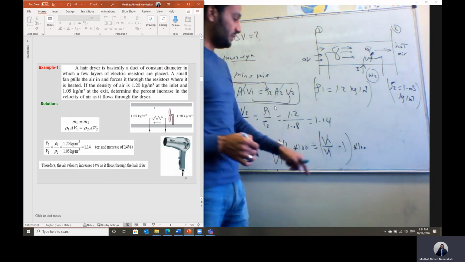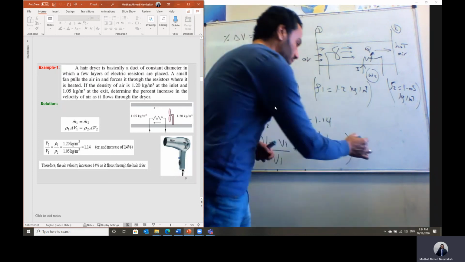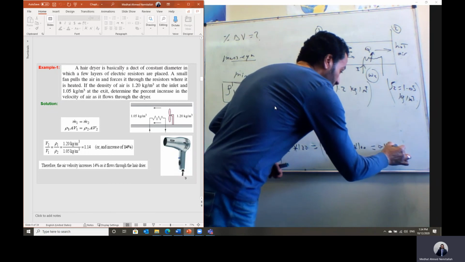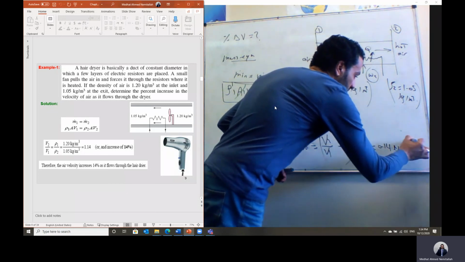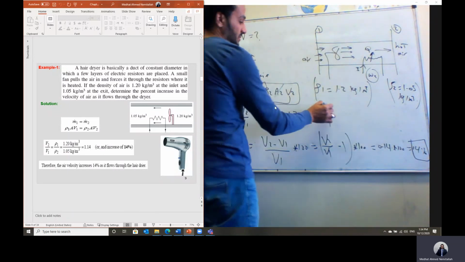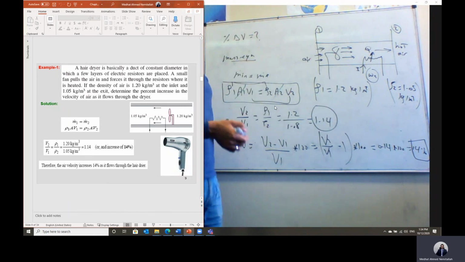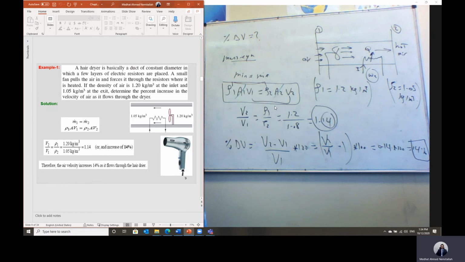So V2 over V1 is 1.14 minus 1, which is 0.14, multiplied by 100, so it equals 14%. This is the detail of it, but when you look here, V2 over V1 is 1.14, that means we have a 14% increase in the velocity in this case.